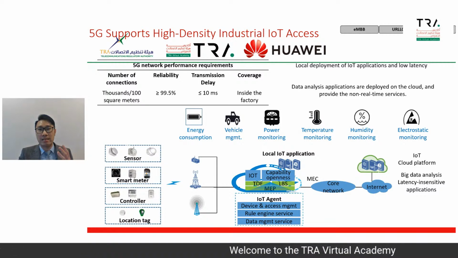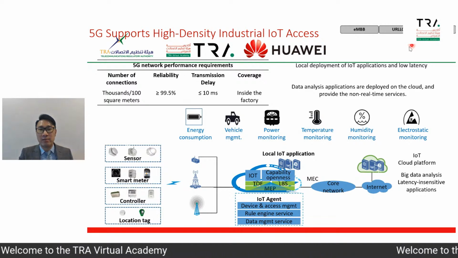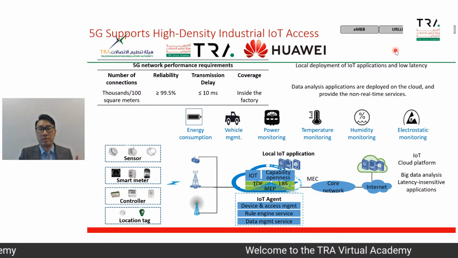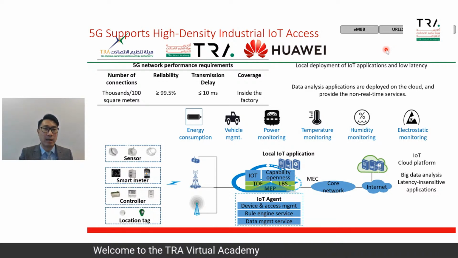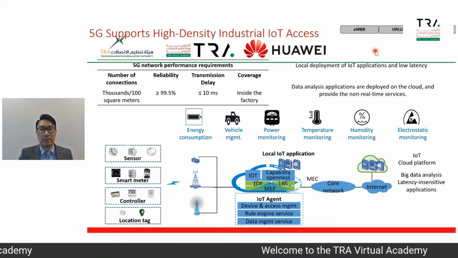This is some of the advantage of 5G, and this is the reason why 5G is the best choice for us to implement Industry 4.0, connecting all the ICT technology together: the AI, the big data, and the cloud computing.